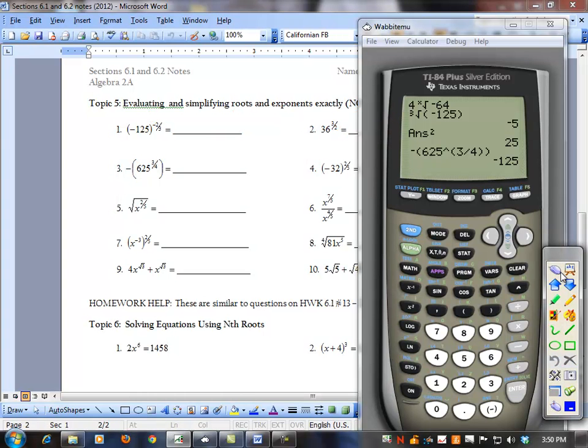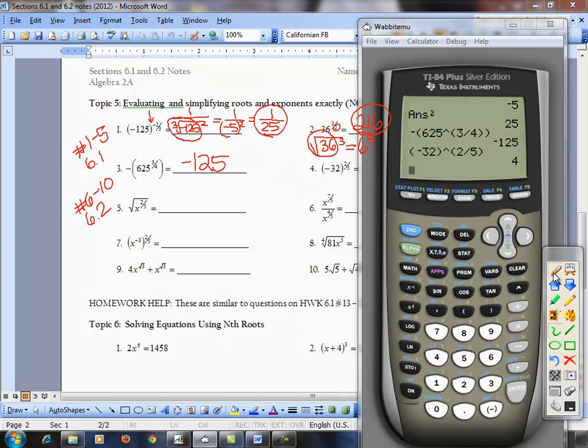If I look at number 4, I'm going to put it in as it shows. Negative 32 raised to the, and because 2/5 is a fraction, I'm going to put 2/5 in parentheses. And then I'm going to press enter, and what you find is that you get an answer of 4.